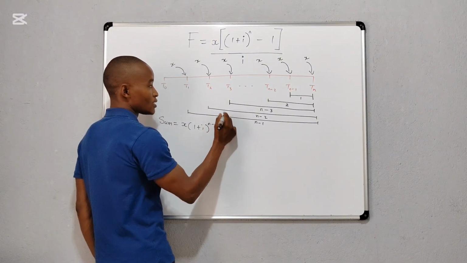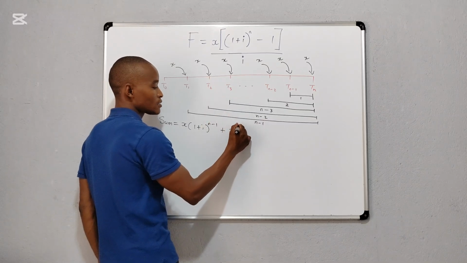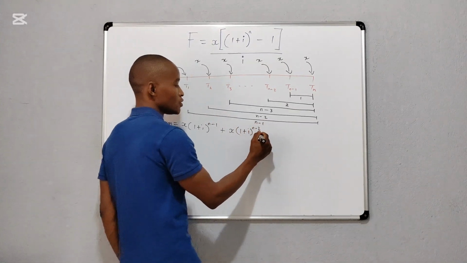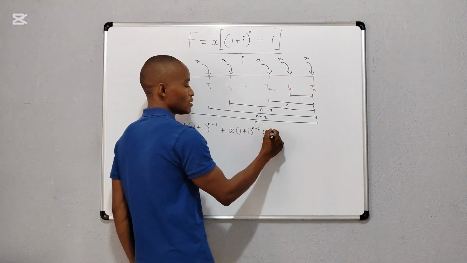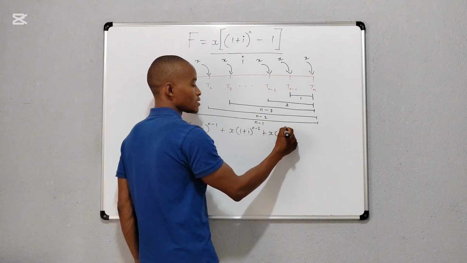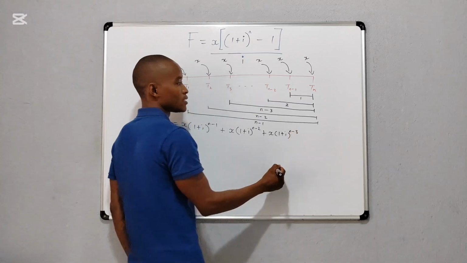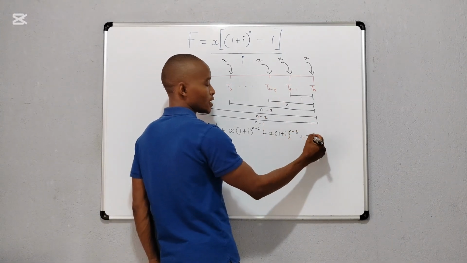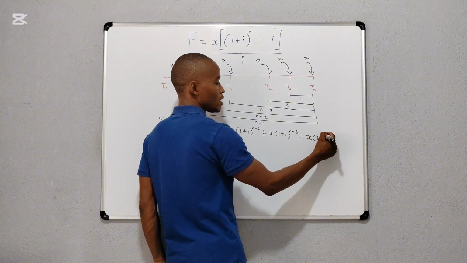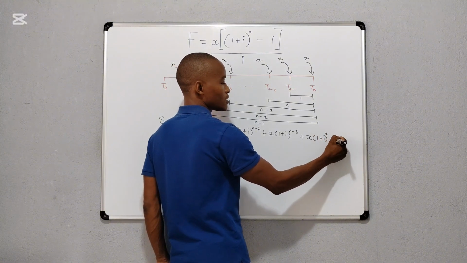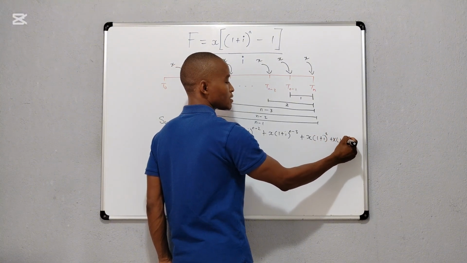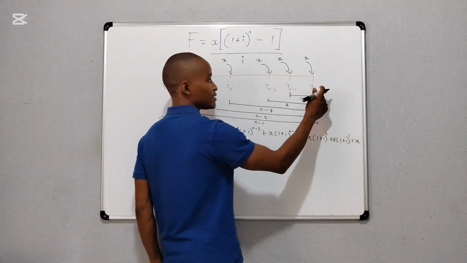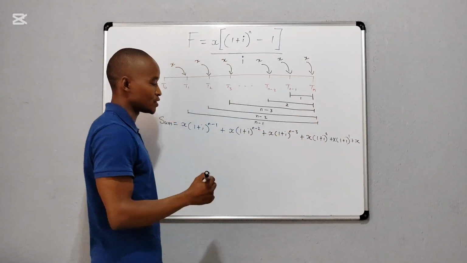Okay, plus x(1+i)^(n-2), plus x(1+i)^(n-3), plus x at Tn-2, (1+i)^2, plus x(1+i)^1, plus x, and that is the last payment that comes in.